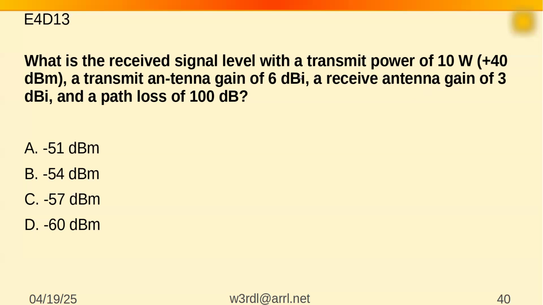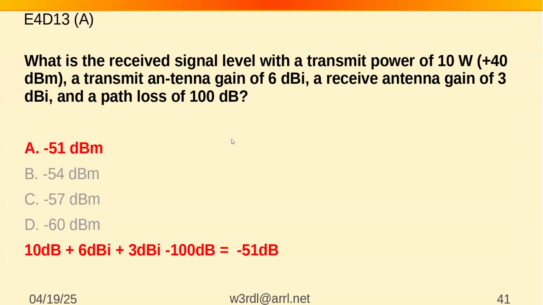So you got 40 plus 6 plus 3 minus 100. So these questions are worded so that when you see gains, you add them, and when you see losses, you subtract them. And that's basically what you do.